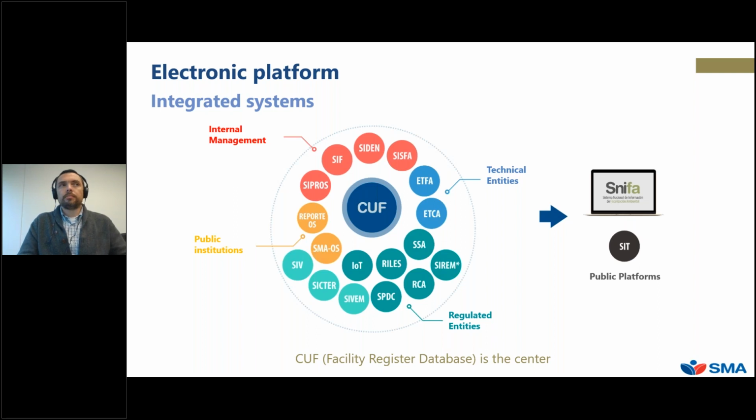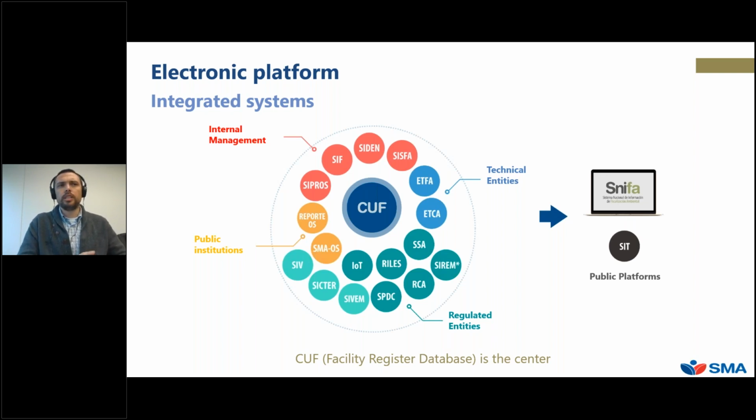After 4 years of this strategy, we have developed an electronic platform which is made up of different integrated systems. Each circle in the image corresponds to an information system that covers a specific business process. So we have systems for internal management, for technical entities, and for public institutions to share information.